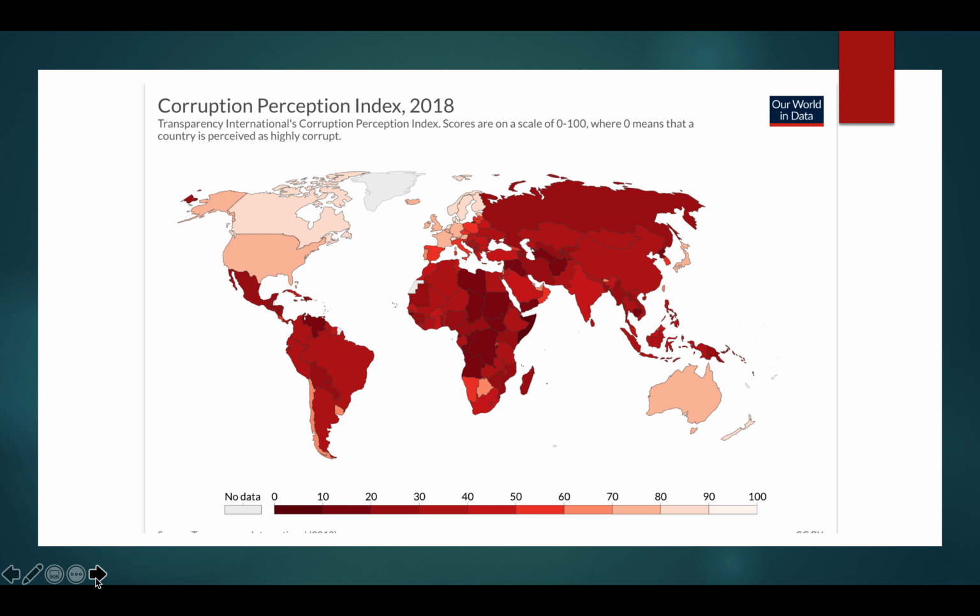The kind of scale used on this one is a graphical bar, where the scale shown has a score of 0 to 100, where 0 means that there is less corruption, and if the scale reaches close to 100, it means that the corruption is really high.